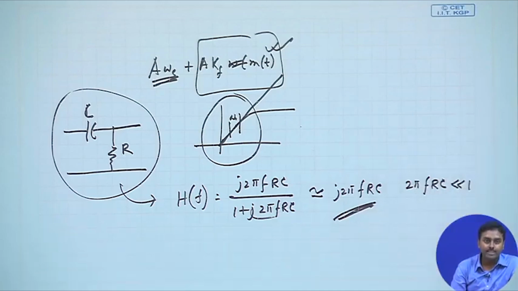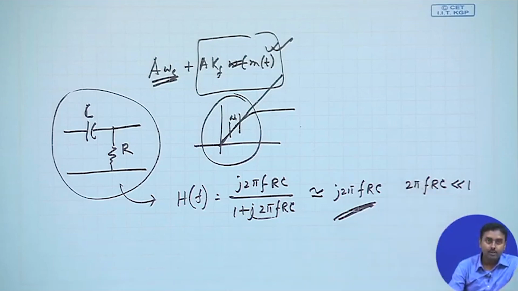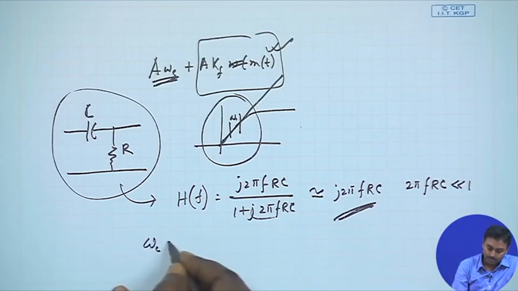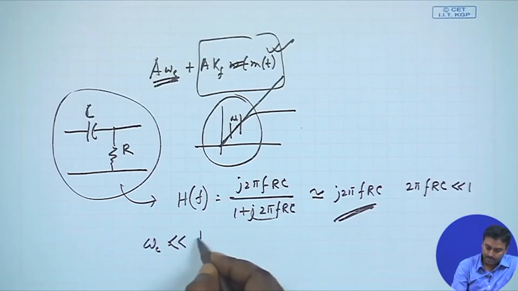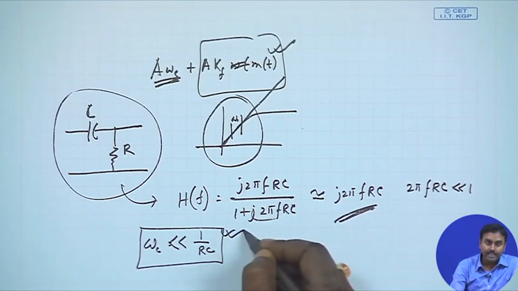So, now I can get a condition on my omega c. This 2 pi f c let us put as omega c. So, omega c must be much less than 1 by RC. This is the condition I get.